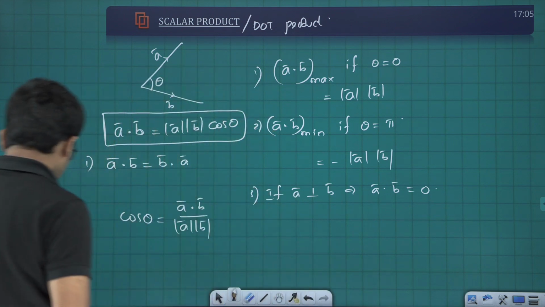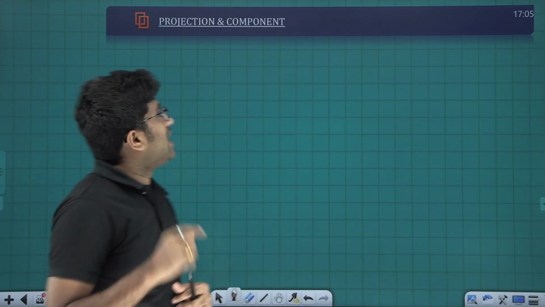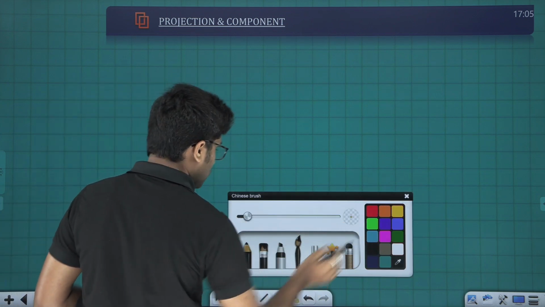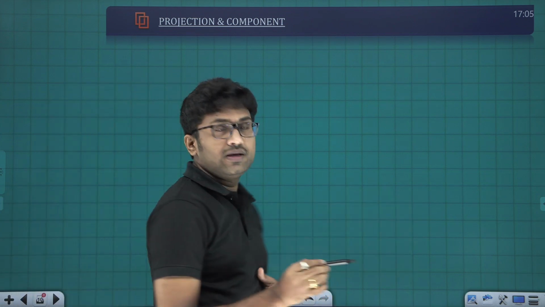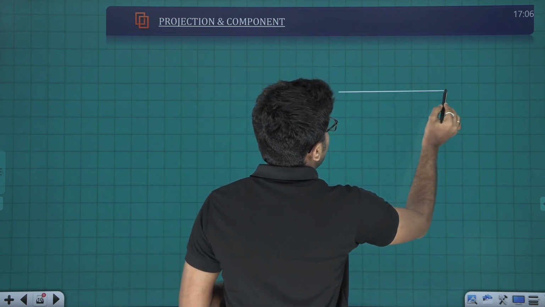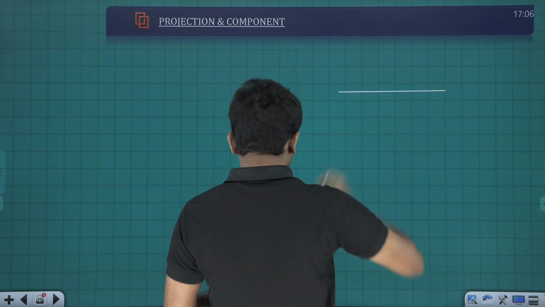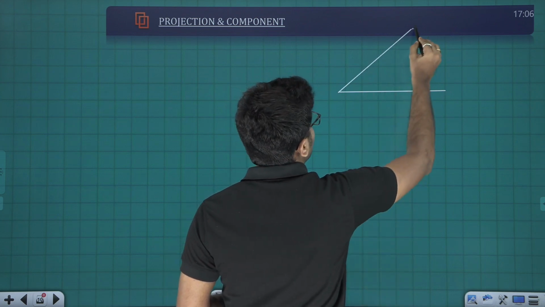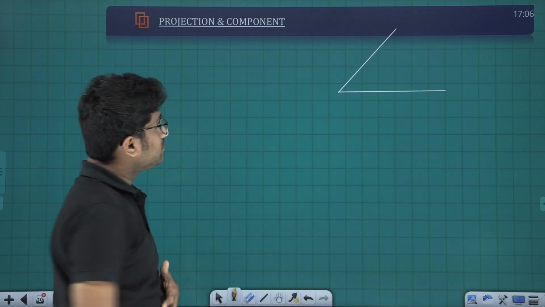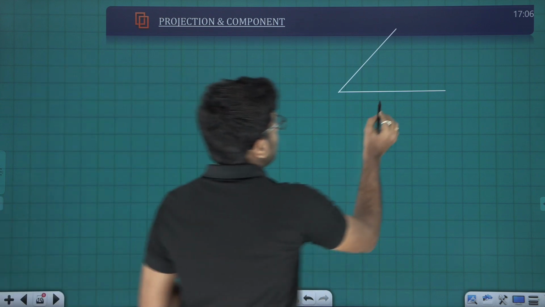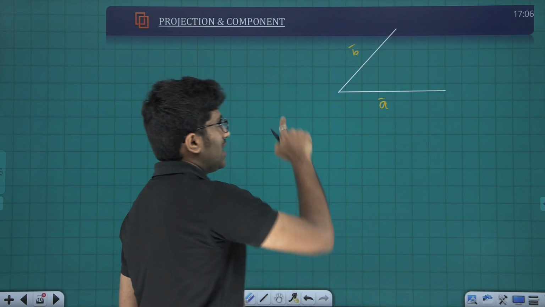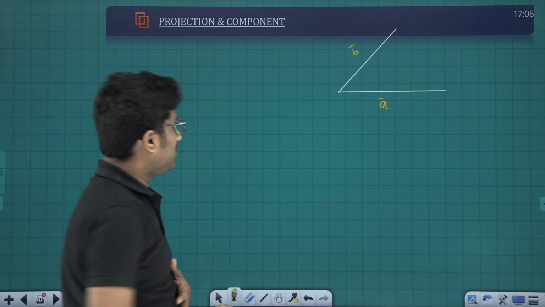Okay. Next, projection and component. This is one of the most important applications of scalar product. Let's consider two vectors, friends, A bar and B bar, with theta as the angle between them.